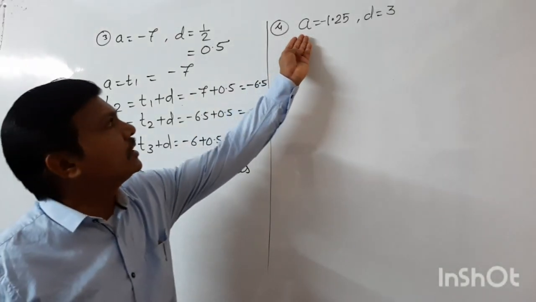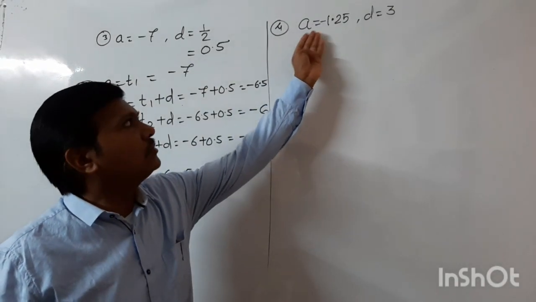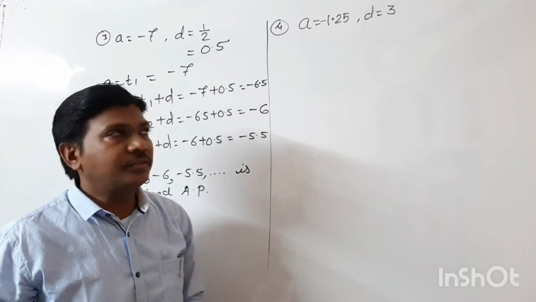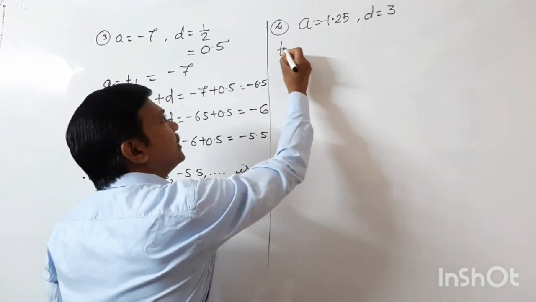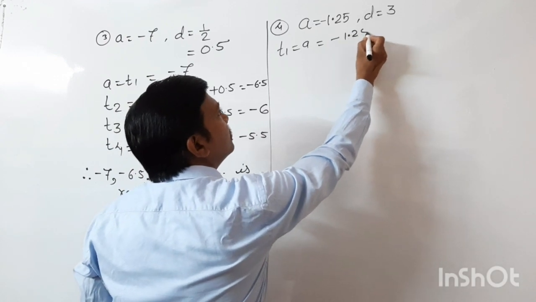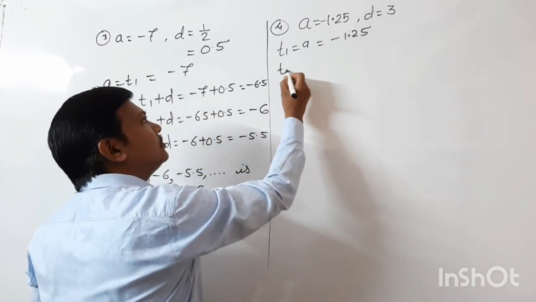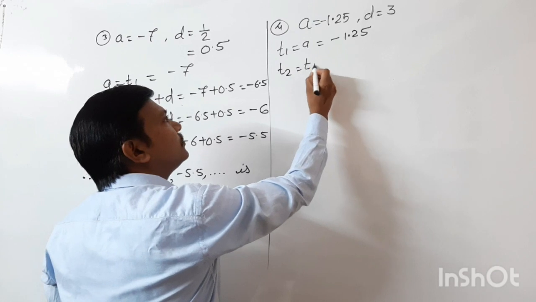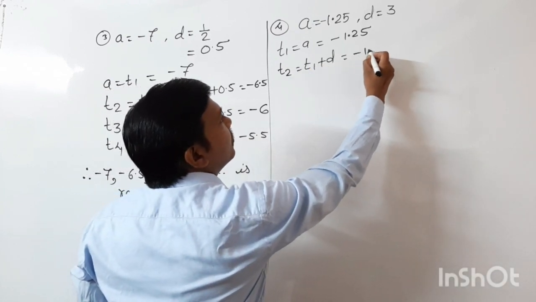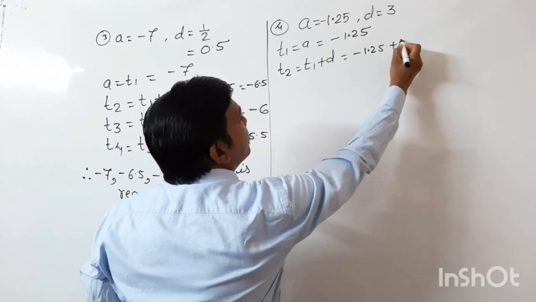Therefore, here the first term, means A, is minus 1.25 and the common difference D is 3. So the first term, that is T1 equal to A, means minus 1.25. Then the second term T2, that is T1 plus D, means minus 1.25 plus 3.